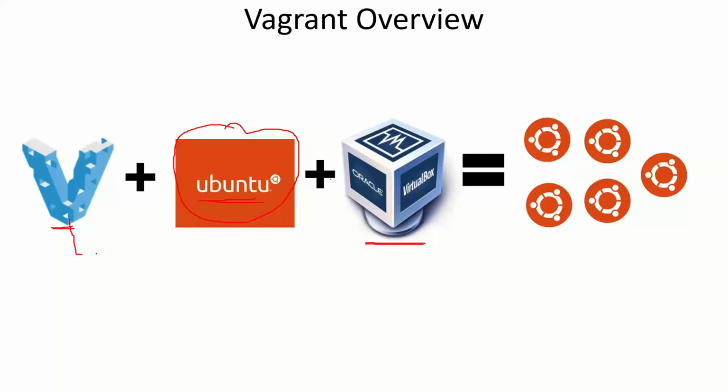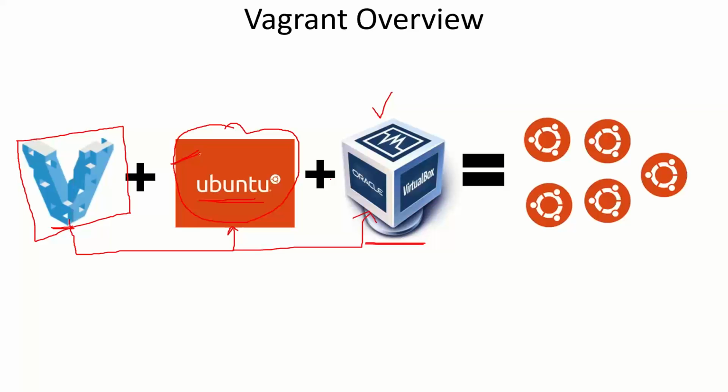So Vagrant picks up the boxes, knocks on the door of the hypervisor, asking, could you go ahead and create me virtual machines? The hypervisor says, I will definitely provision a virtual machine based upon the configurations that Vagrant comes up with. I say to Vagrant that I need a VM. Vagrant understands my requirement and picks up the kind of box I need, for example, an Ubuntu box.